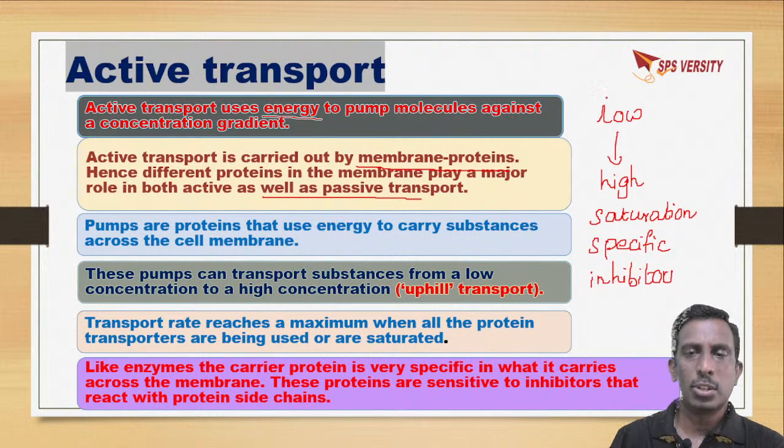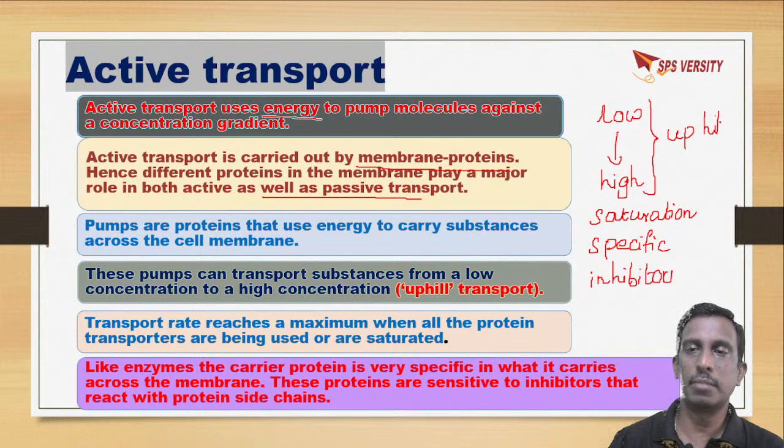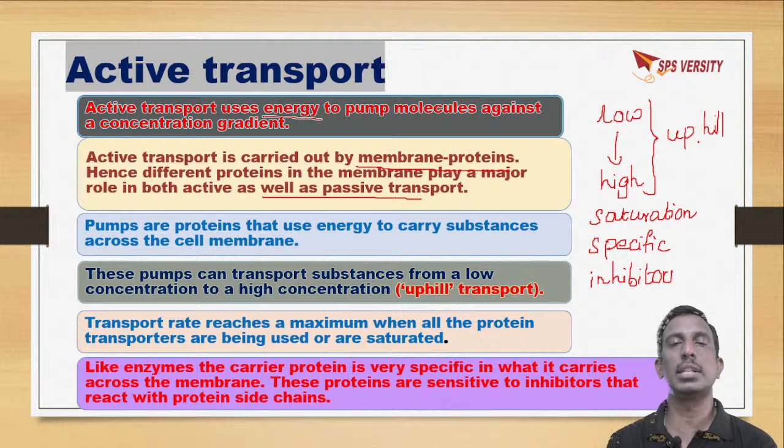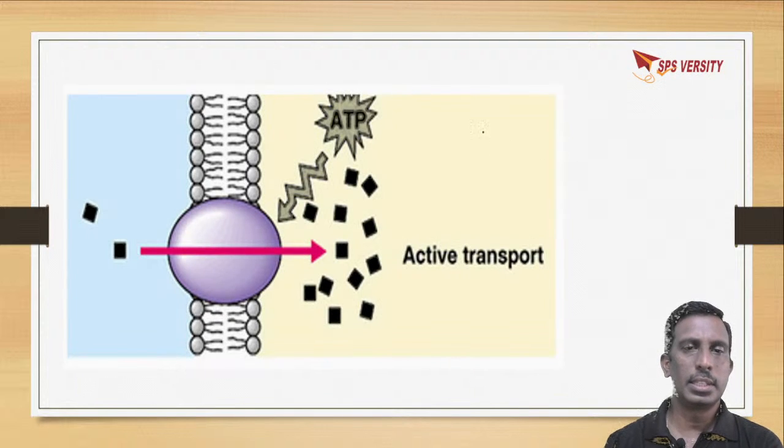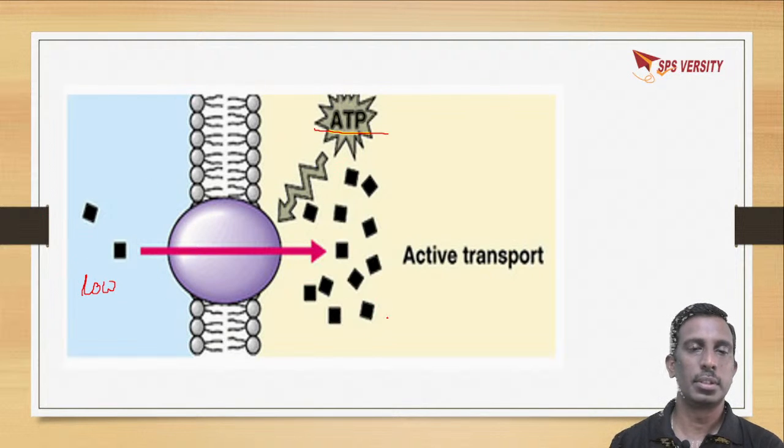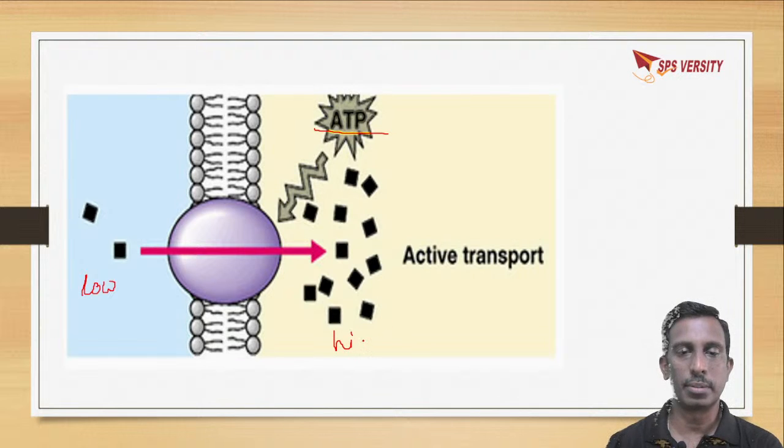Here in active transport, the substances will move from low to high concentration, which is called uphill. Whereas in diffusion and facilitated diffusion, it is downhill. Downhill means from high to low concentration. So here you can see energy, ATP, is used. Here it is low concentrated and here it is high concentrated. Even then the substances will move from low to high concentration.